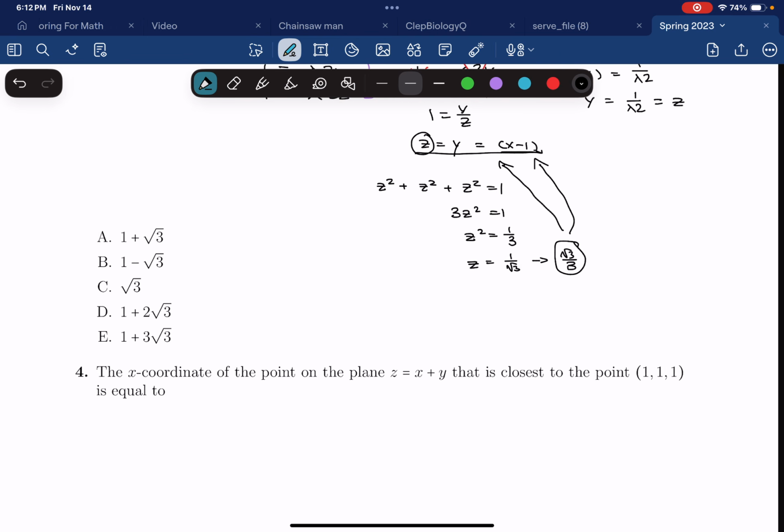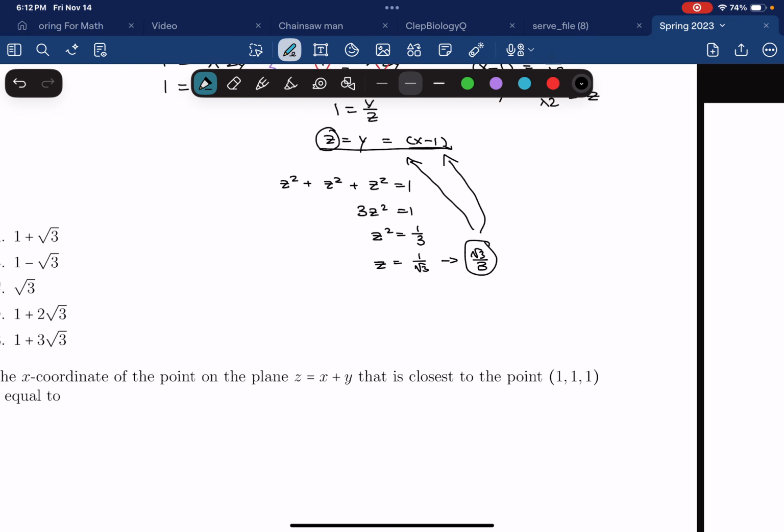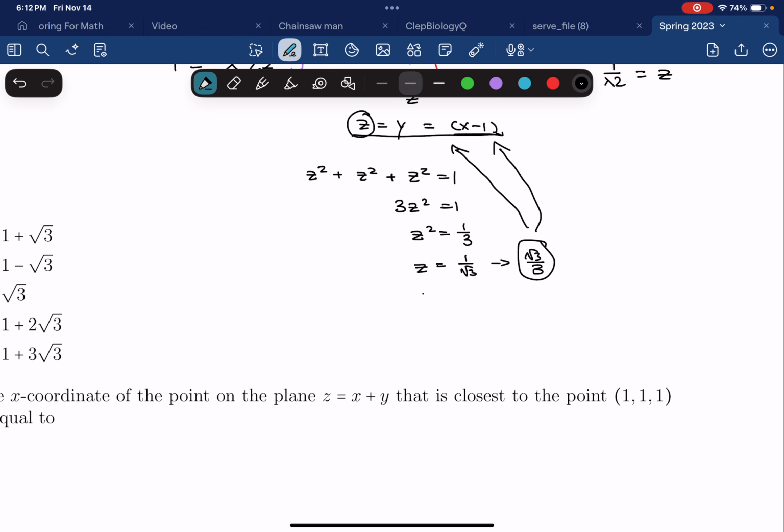So now we can simply say that z is equal to root 3 over 3, y is equal to root 3 over 3, and x minus 1 is equal to root 3 over 3, so x is equal to root 3 over 3 plus 1.